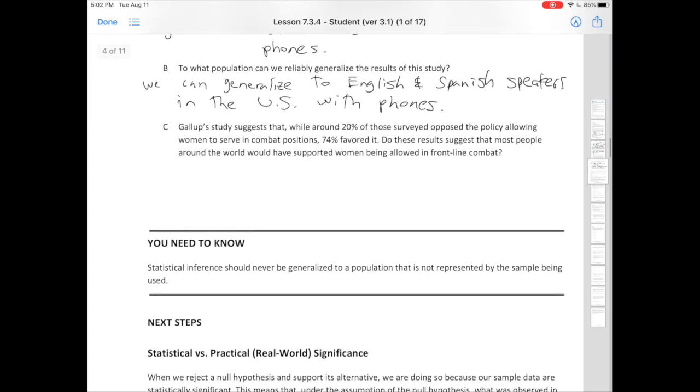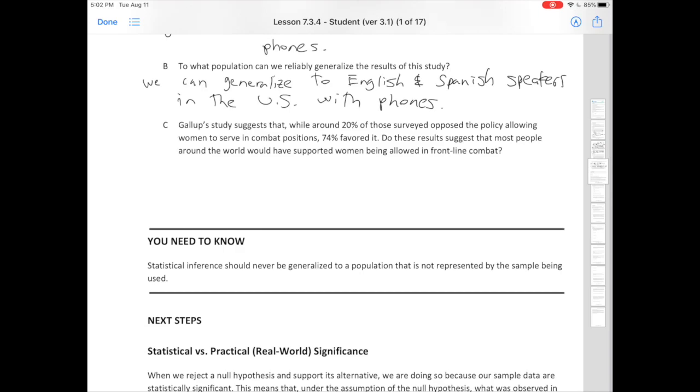Gallup's study suggests that while around 20% of those surveyed opposed the policy allowing women to serve in combat positions, 74% favored it. Do these results suggest that most people around the world would have supported women being allowed in frontline combat? The key to this question here is around the world.